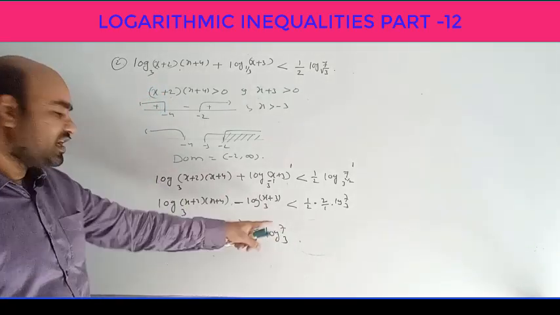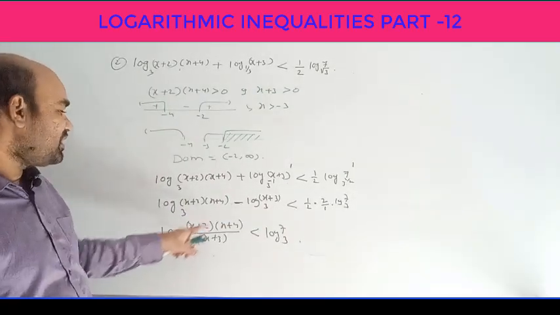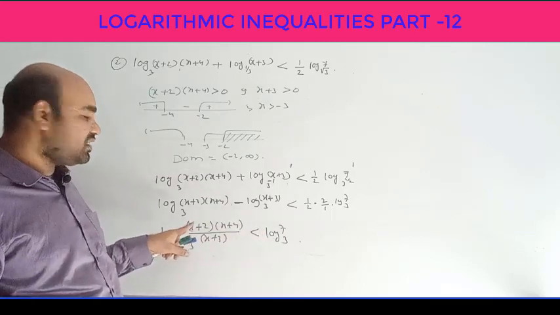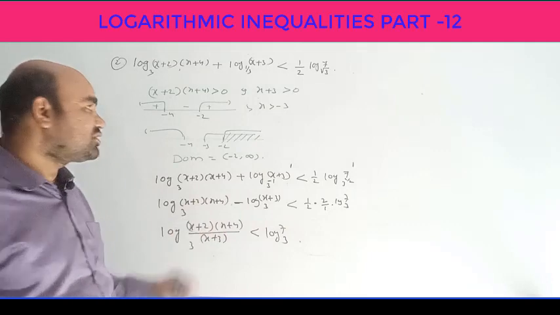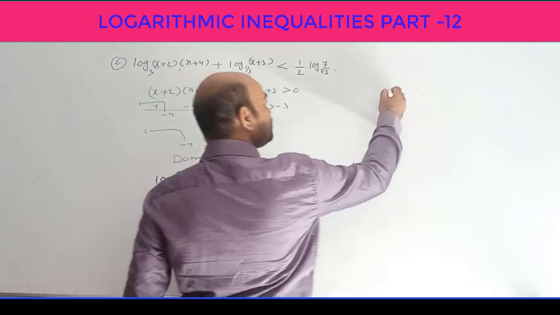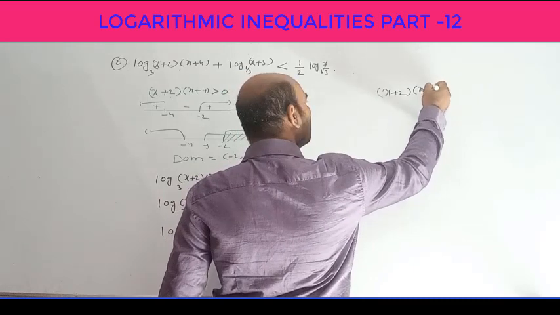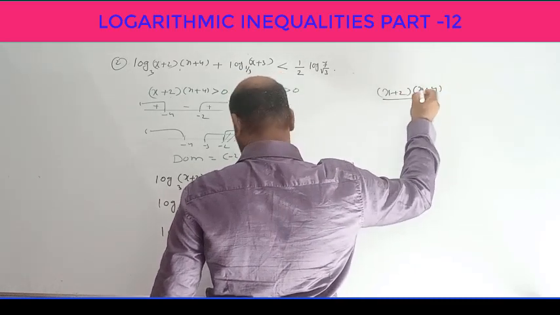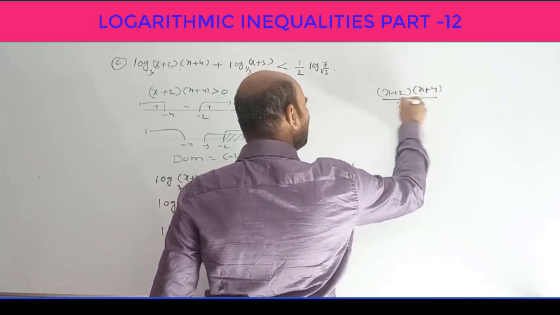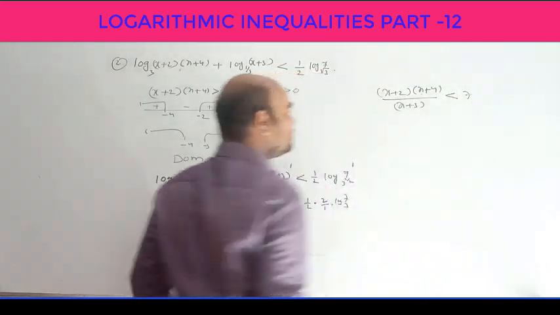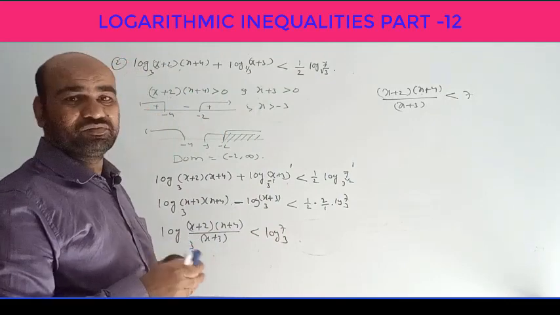So on both sides logarithms, log x1 base a less than log x2 base a, where a is greater than 1, so directly I can say that x1 is less than x2, meaning x plus 2 into x plus 4 by x plus 3 is less than 7. So we want to solve it.